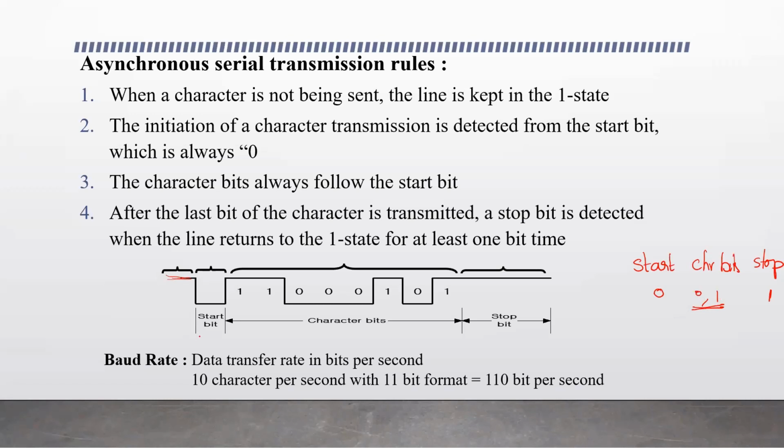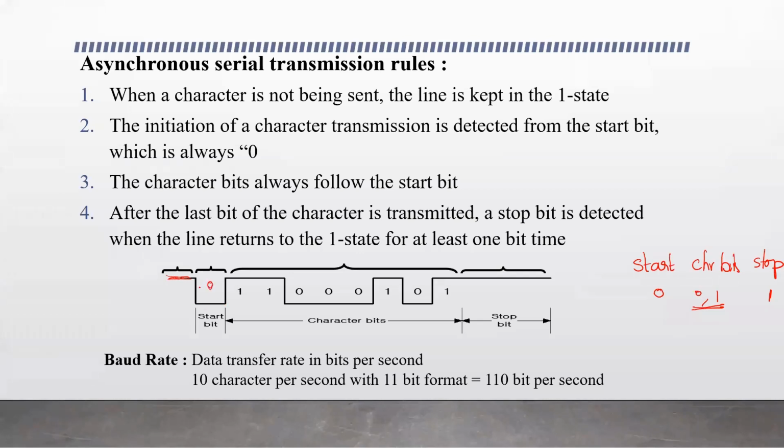Here, an 8-bit character is being transmitted. Initially, the transmission line that takes the character bits stays in one state, 1, high. When the data arrives, it is brought to the low state, meaning 0.